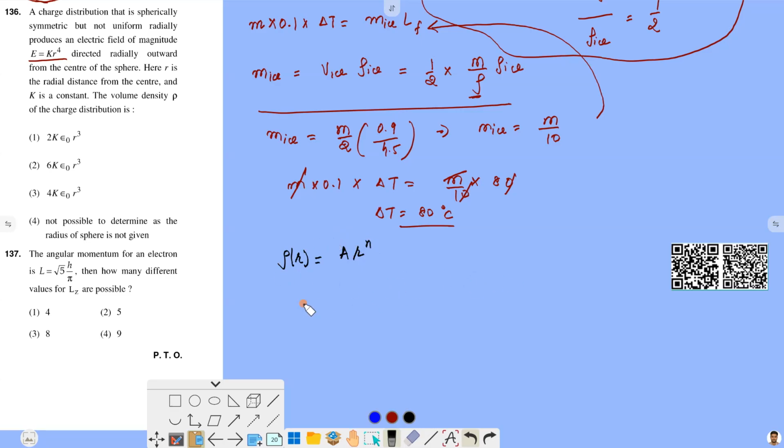So if we consider a small element of volume dV, that dV will be equal to 4 pi r square dr, because it is a spherical element.